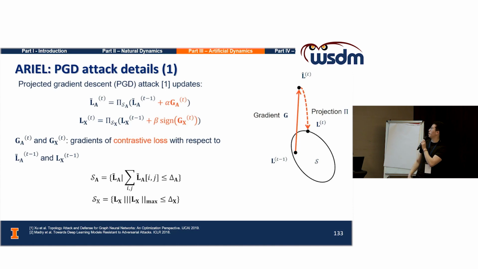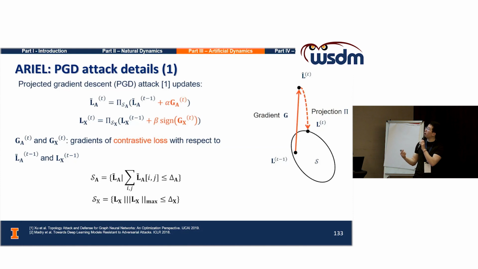So here are some details about why we bound the perturbation of the topology and the feature matrix. We won't dive into too much detail here. For the norm bound of the feature matrix, we select the maximum bound, so that the maximum change over the feature will not be larger than delta x.